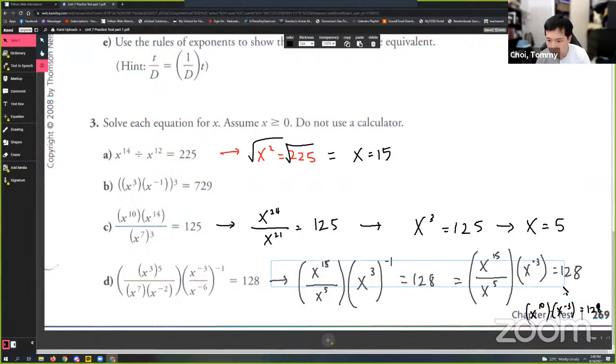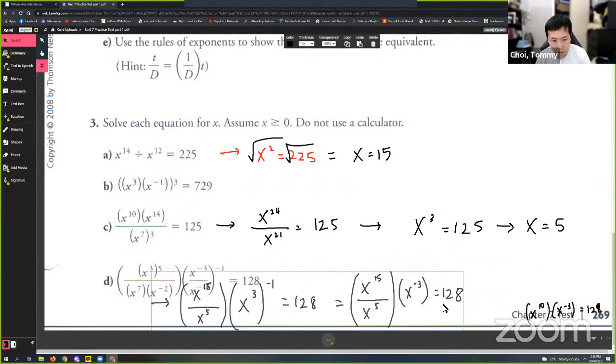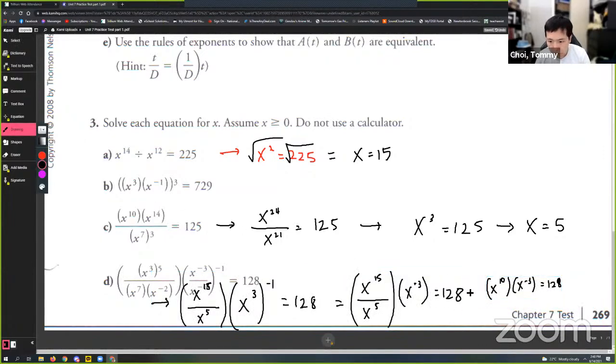I made a very poor decision on this. Okay, I'm just going to have to do this. Okay, and that gives us x to the power of 7 is equal to 128. And then you would have to figure out, what to the power of 7 is 128?